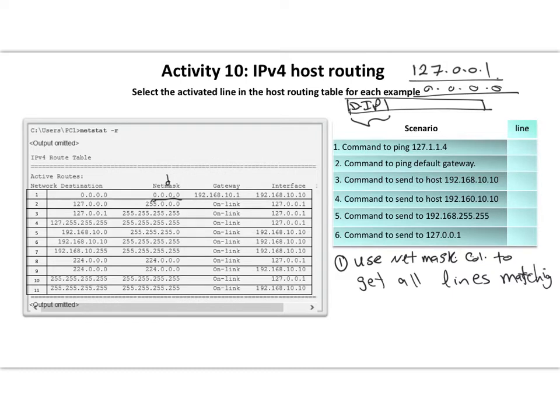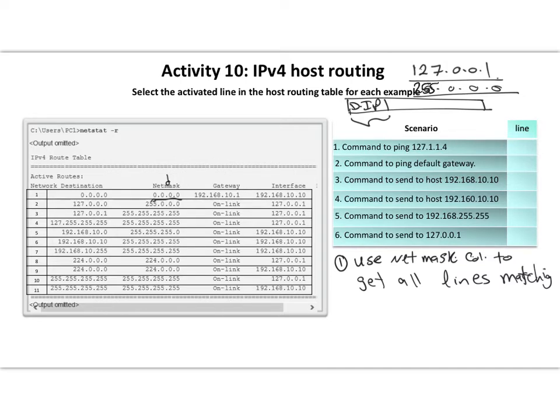But if we take the same destination address and apply the second net mask, 255.0.0.0, and the result matches this one, this means that line 2 also matches. 255 is 8 ones in binary, and anything ANDed with 1 is itself, x.